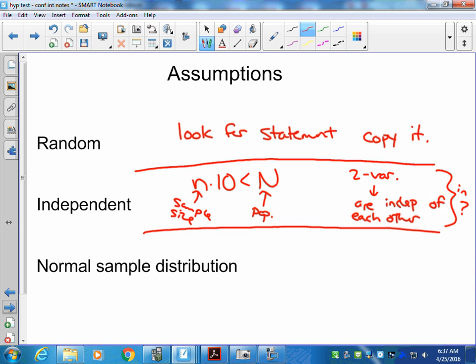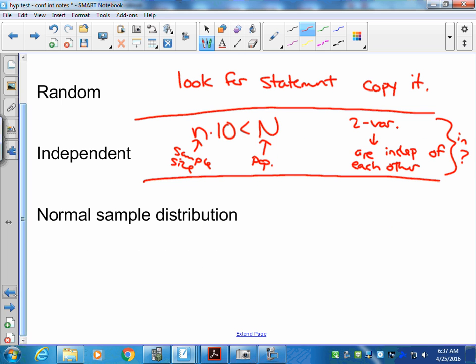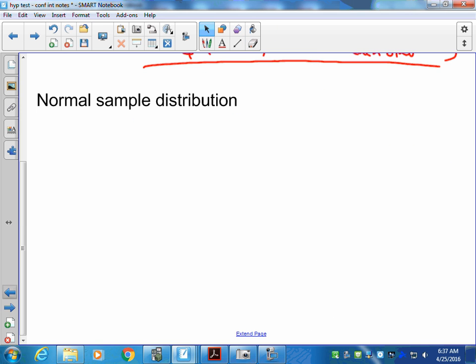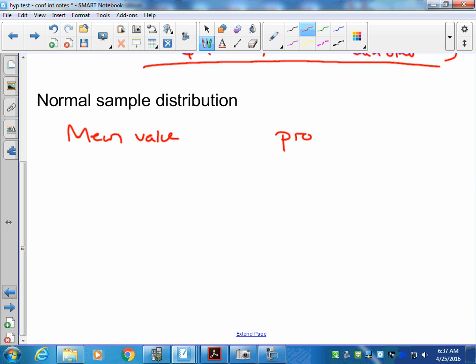So we have our random assumption, we have our independent assumption. Those are nice that they are the same no matter what type you're dealing with. The one that is always the most difficult is when we're talking about the normal sampling distribution. We need to know that our sampling distribution is normal, so we can use the T or Z test for that. And these are different between mean value problems and proportional problems.